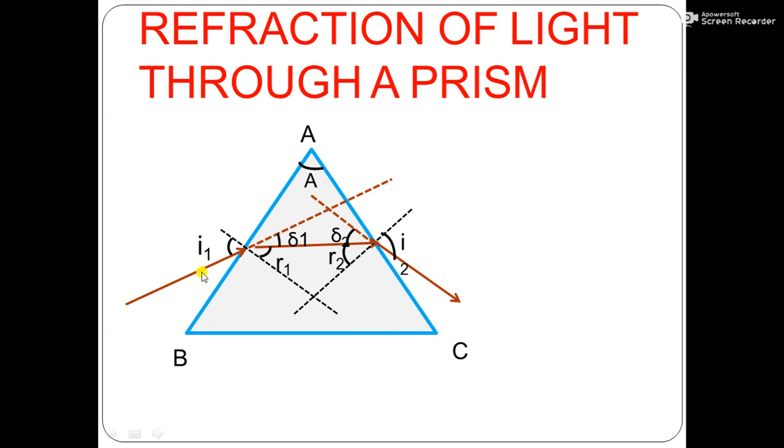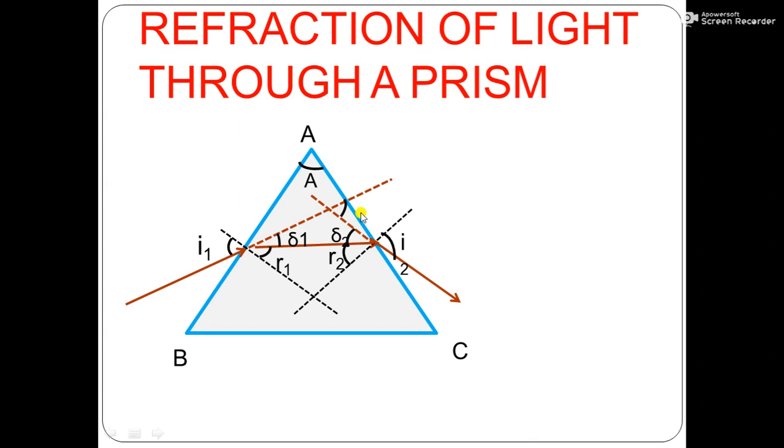That is the angle made between the incident ray produced forward and the emergent ray produced backward. This angle is called the angle of deviation of the prism.